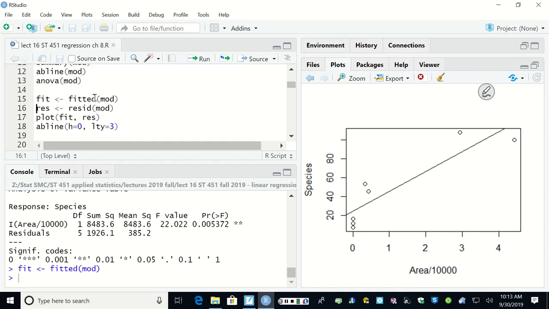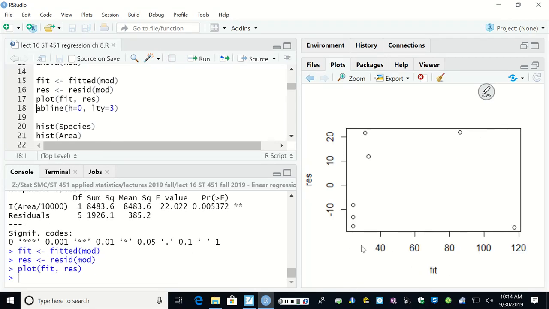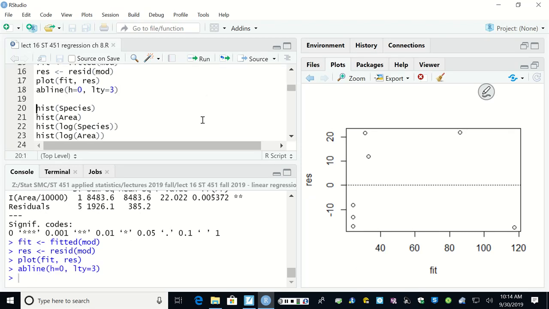So let's save the fitted values, the predicted values, and the residuals into our plot. This is what it looks like in here. Again, there are so few points, it's hard to see too much. But what you might note, if I put in a horizontal line at 0, is that the average residual is actually 0.